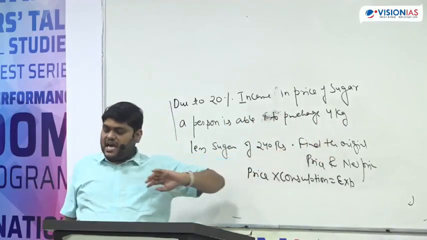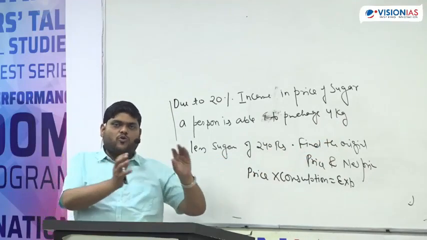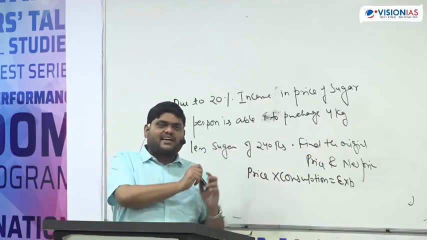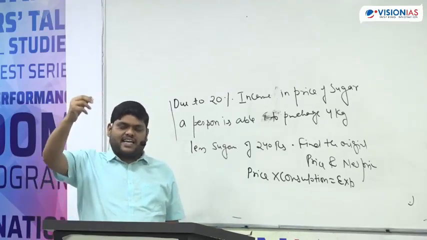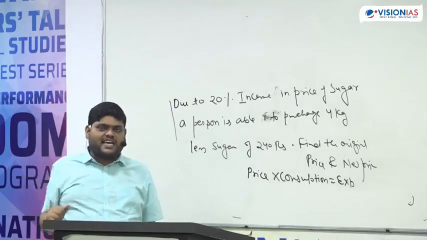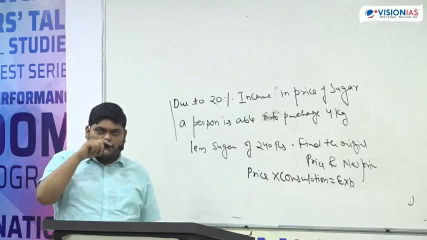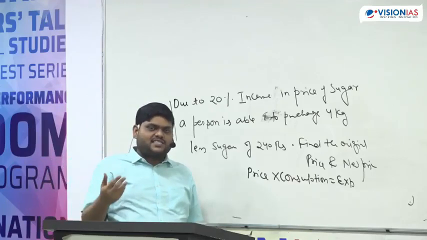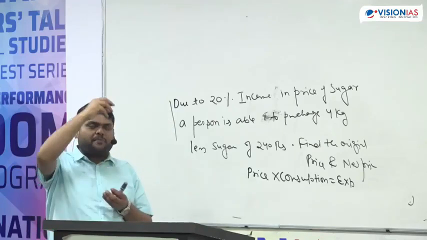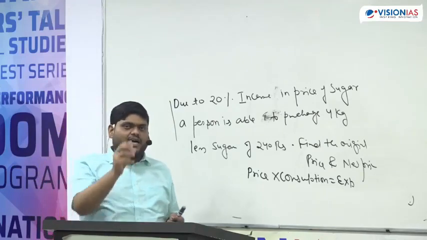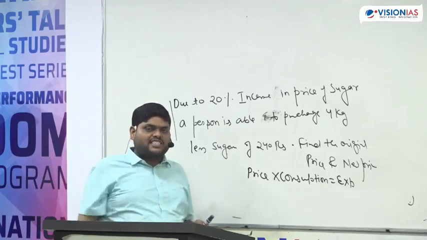That means this 4 kg should be equal to the 20% increase in price, or not? Whatever the 20% increase in the price is, that should be equal to 4 kg.